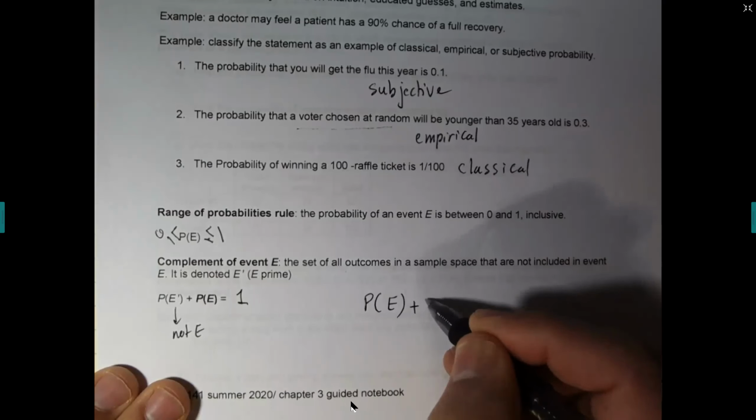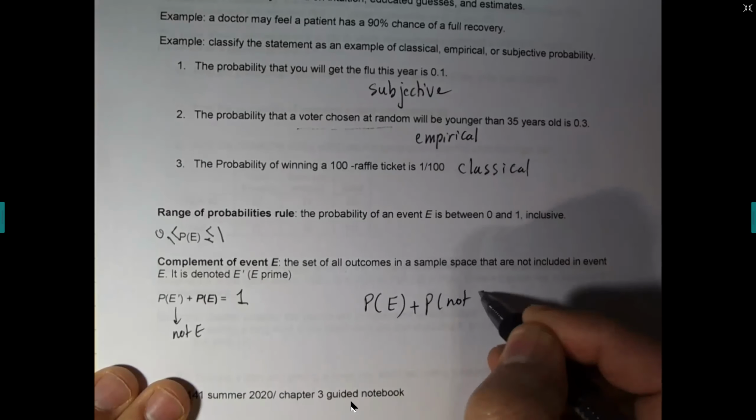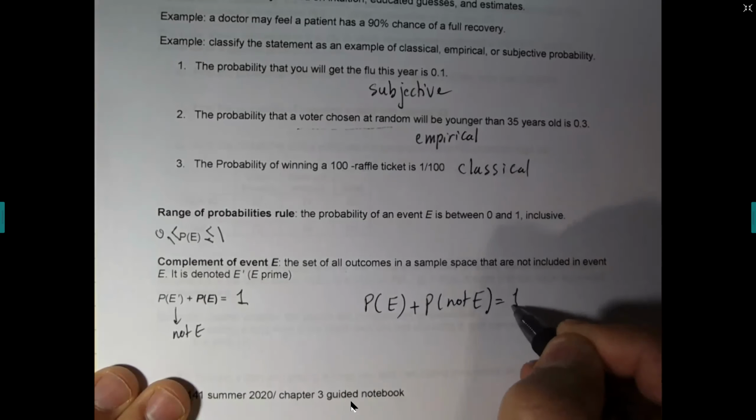What would be the probability that it won't rain today? 30%. Exactly. All probabilities, guys, add up to 100%. So this is not E. Just keep that formula in mind. Probability of E plus probability of not E, they add up to 1 always.